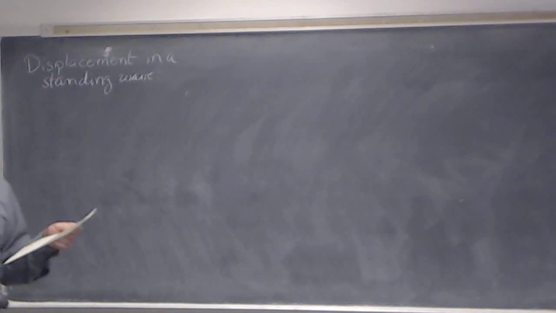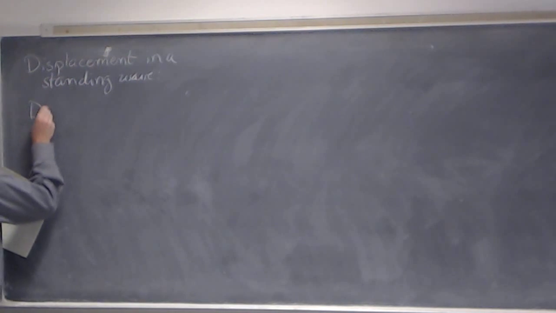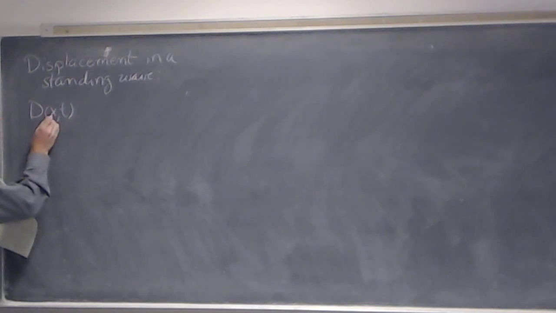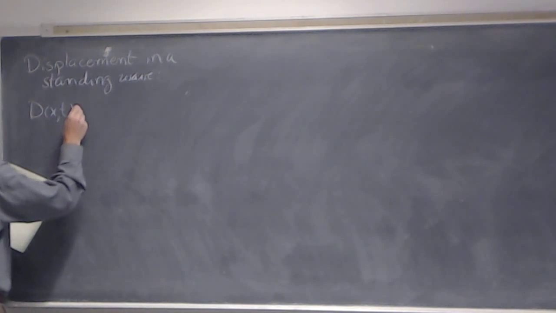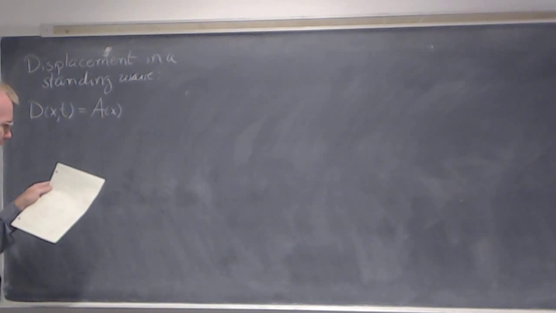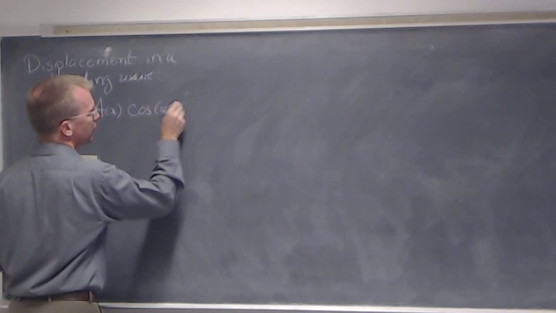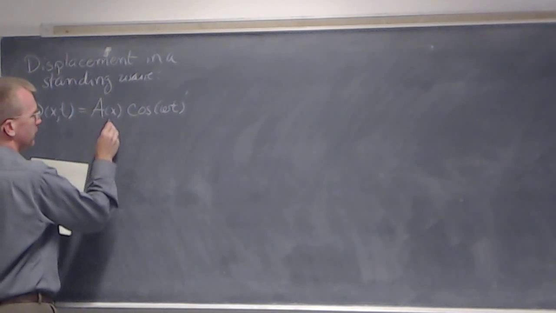So recall what we had for the displacement in a standing wave. One-dimensional, I've got x here. The amplitude function, A of x, times the cosine of omega t. This is the time dependence.